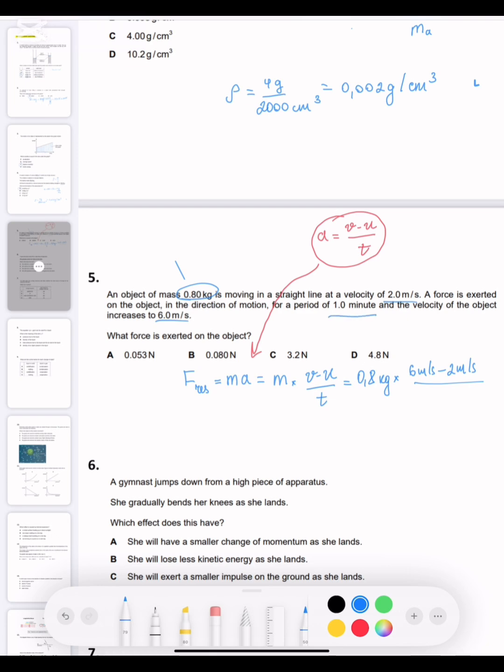First of all, we have to convert 1 minute to the SI unit, 60 seconds. After calculating, we will get 0.0533 newtons. So the answer is A, guys.